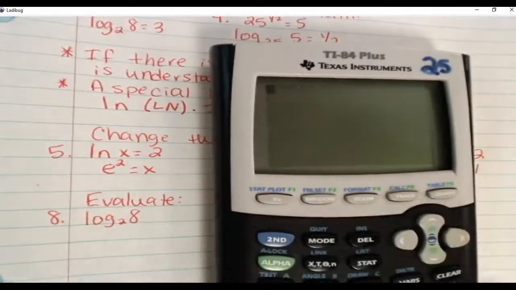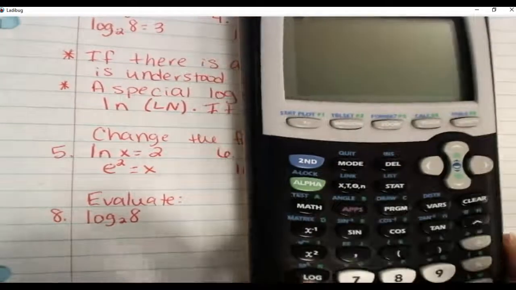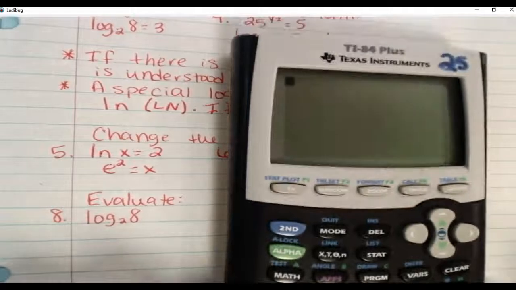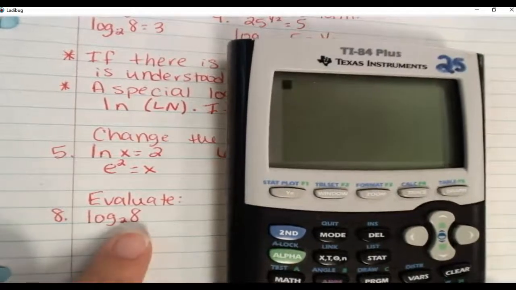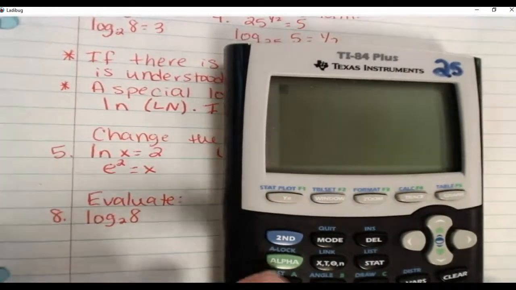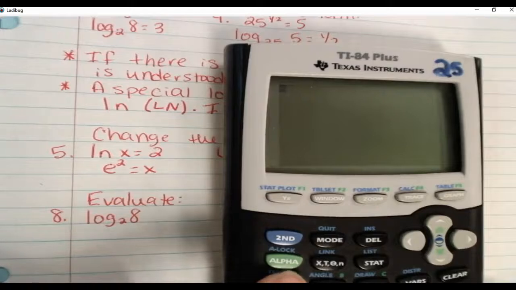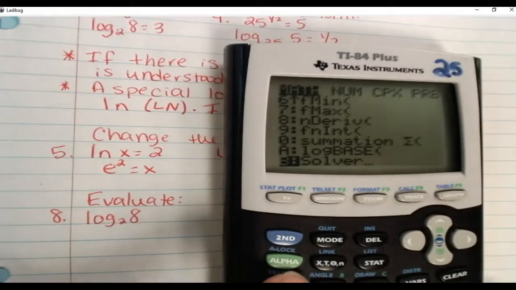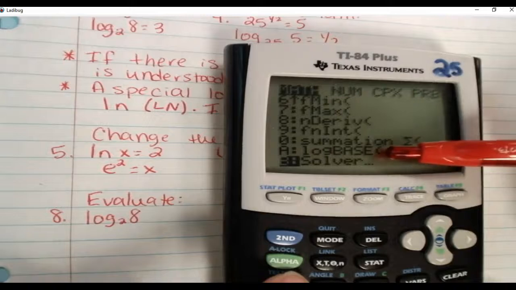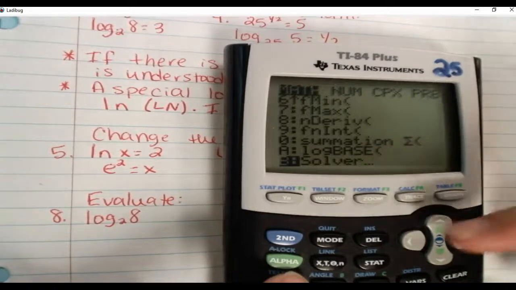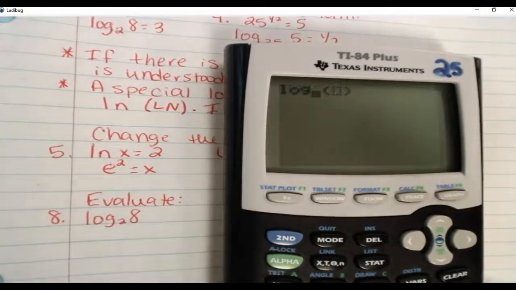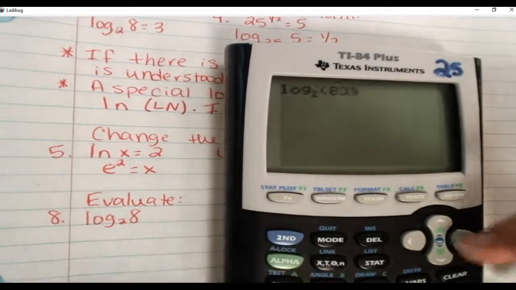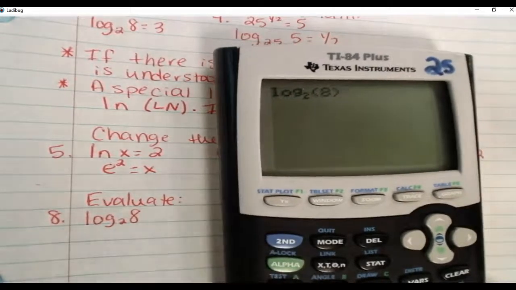If you're looking at your calculator, the log right here beside the 7 is a log base 10. And right now we want a log base 2. So if you go to math, below the green button, you can scroll all the way down or you can just hit up. It takes you to the bottom. And right here it says log base. So you want to click that, and then you can type in your own base. So log 2 of 8 is 3.